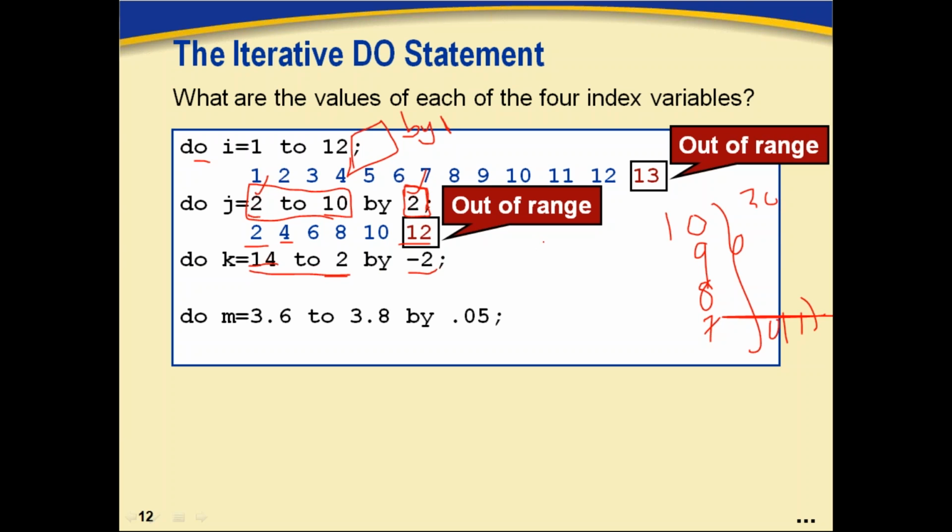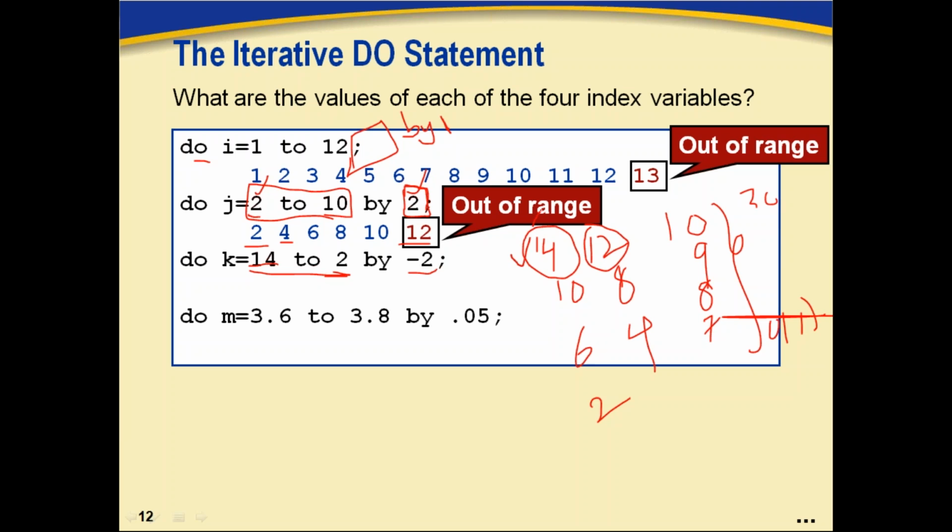So it starts with 14, and every time you deduct 2: 14, 12, 10, 8, 6, 4, 2. Each condition will be checked whether it is greater than or equal to 2 or not.